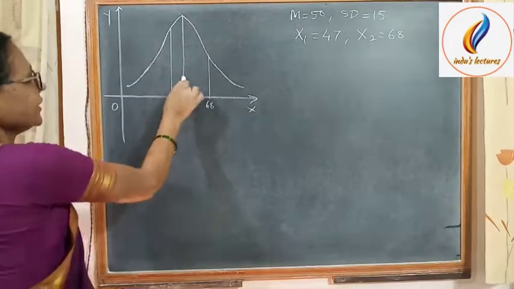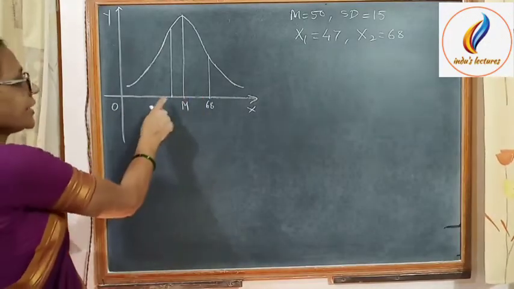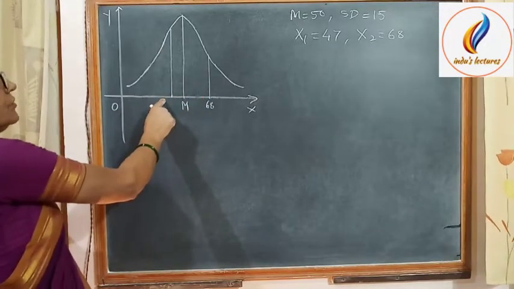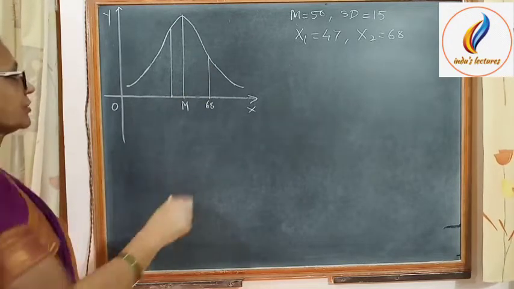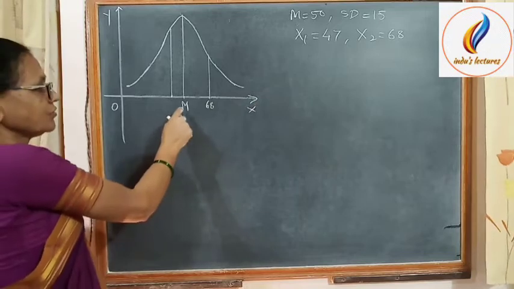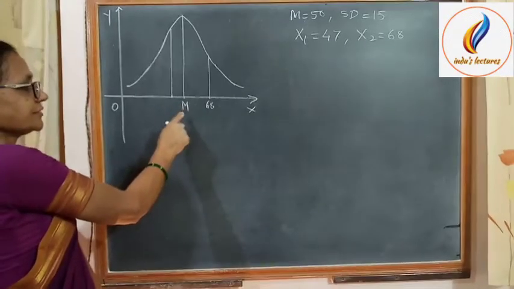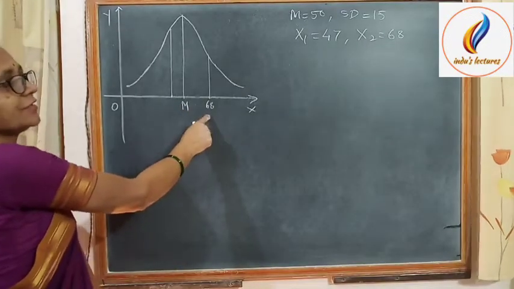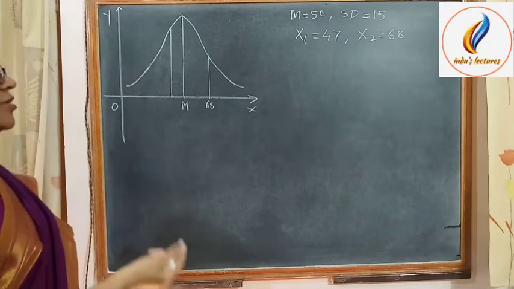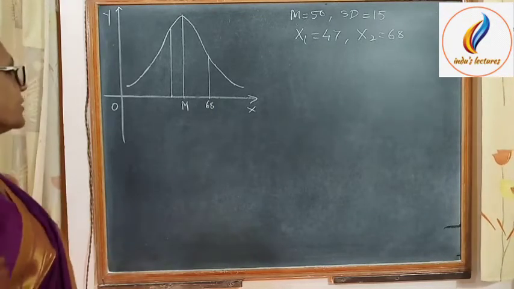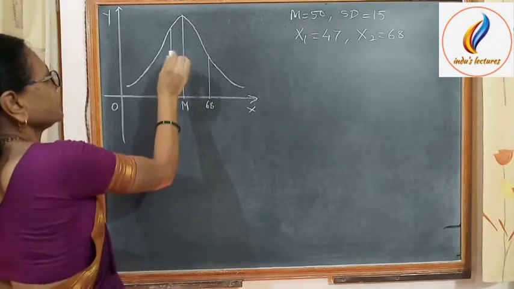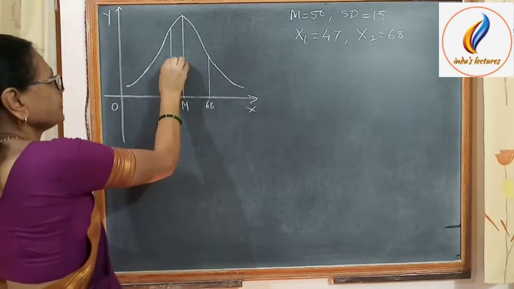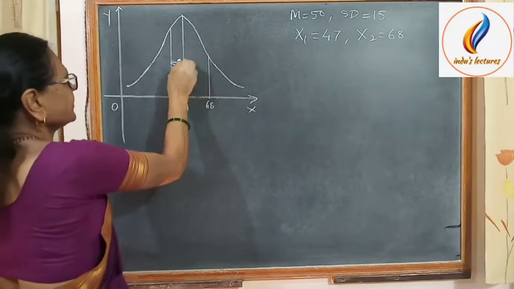Now to find the area between the mean and score 47, we have to convert the raw score 47 into a sigma score. Similarly, to find out the percentage of cases between the mean and 68, we have to convert the raw score 68 into a sigma score. That means we have to find out the total area between the scores 47 to 68, that means this area.